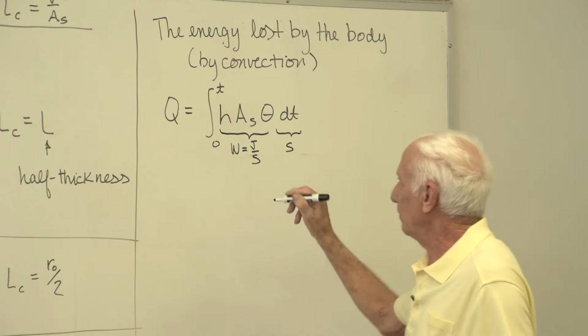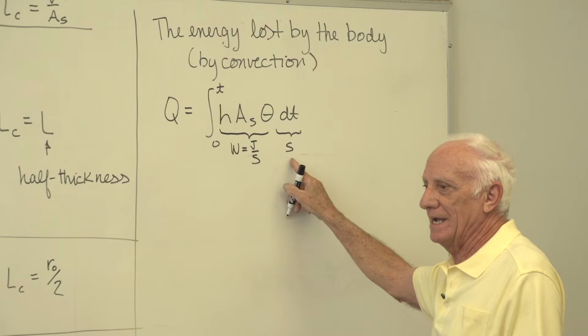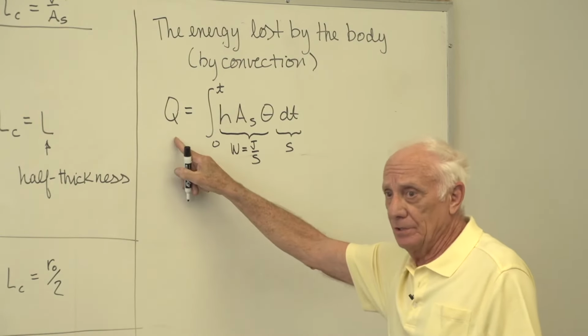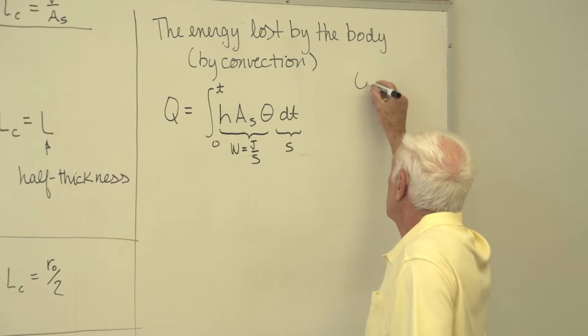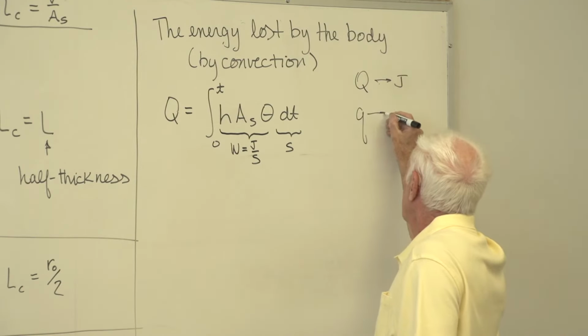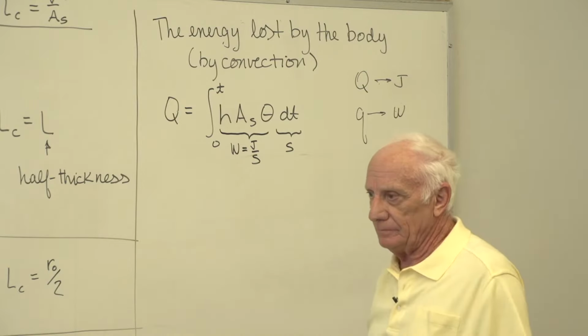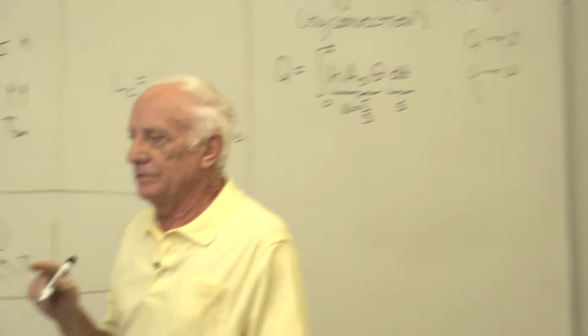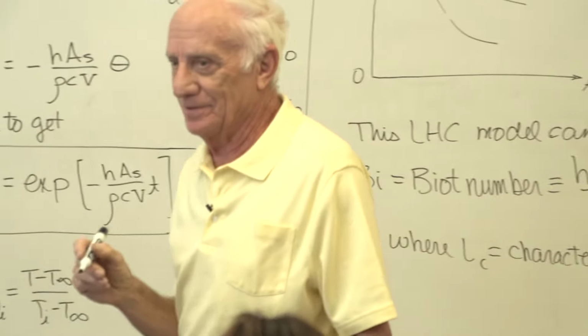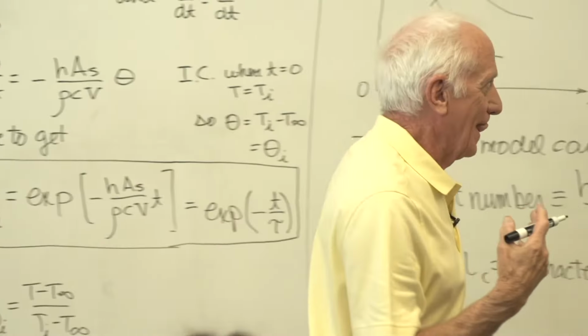Seconds. When I multiply joules per second times seconds, I get joules. Capital Q is joules. Little q is watts. Q in joules is energy, and watts is the heat transfer, the power.